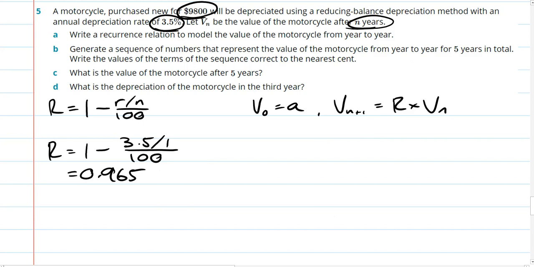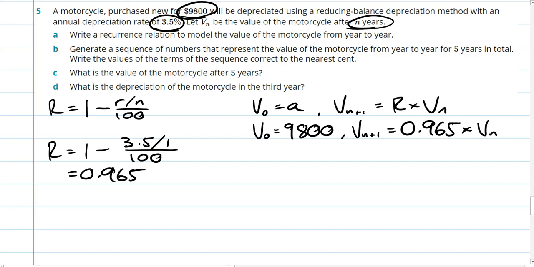Depreciation is all about losing value. So V0 is $9,800. Vn plus 1 is equal to 0.965 times Vn. And that gives us our recurrence relation.